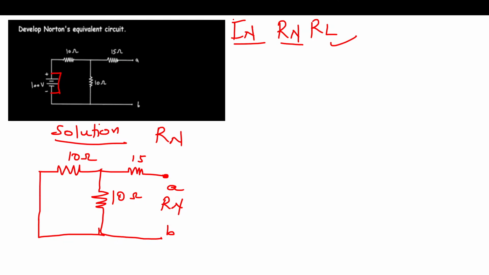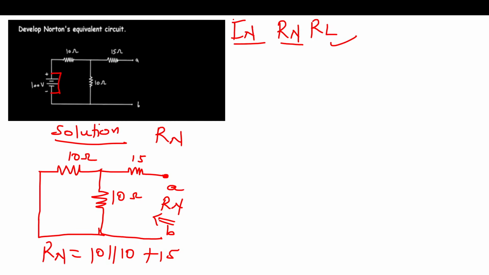Now, how do we find the Norton's resistance, that is Rn? Looking through here, we can see that Rn, which is the total resistance, is equal to this 10 connected in parallel with this 10, plus 15, since it's going to be in series with this 15 here.